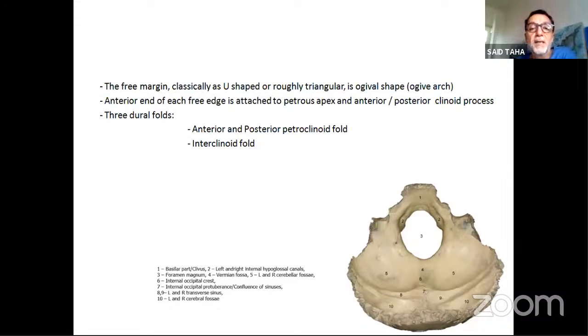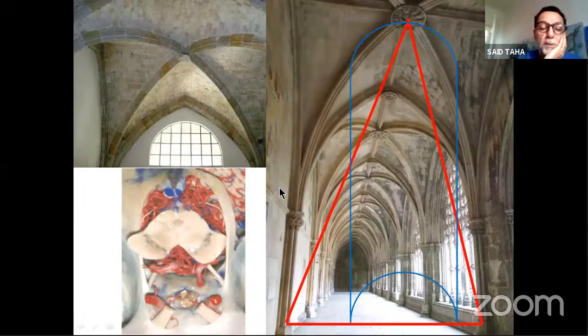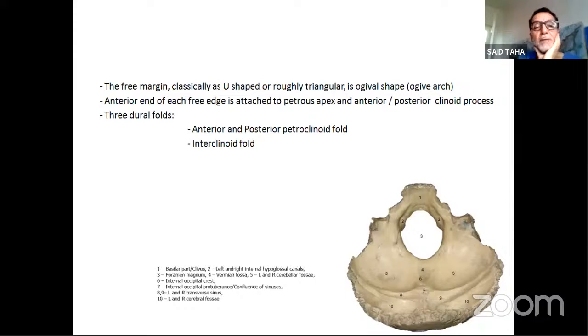The free edge is classically U-shaped or roughly triangular, but from my point of view, it's ogival, like an ogive arc, because it's a three-dimensional shape. The anterior end of each free edge is attached to the petrous apex and the anterior and posterior clinoid process. There are three folds that appear from that: the anterior and posterior petroclinoid fold and anterior.